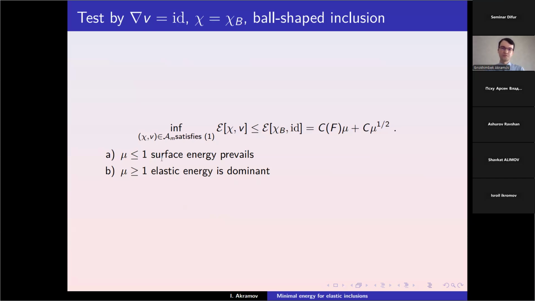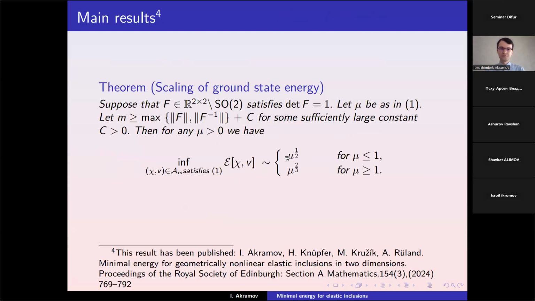So what does it mean? It means that if mu is smaller than 1, then surface energy prevails, while if mu is bigger than 1, then elastic energy is dominant. So from this result, the first upper bound, which is mu^(1/3) for mu smaller than 1, is already shown for the upper bound case.